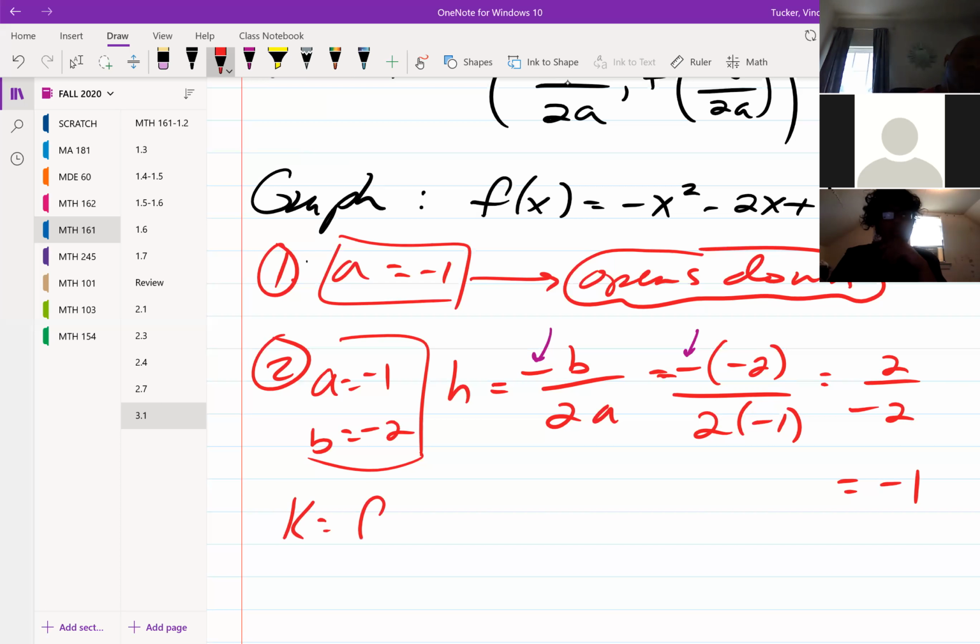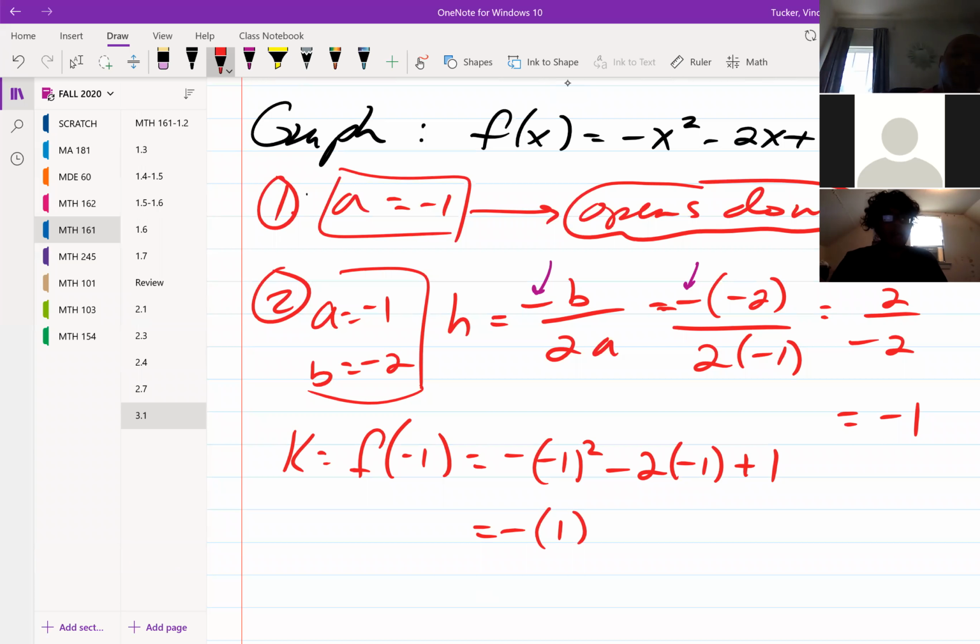So to find k, we'll plug -1 into the equation. -1 squared is +1, but that negative is still sitting out front.